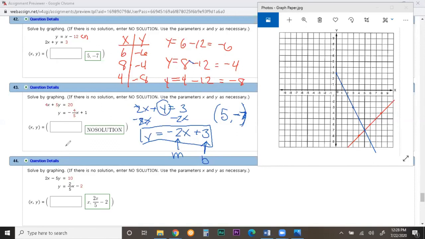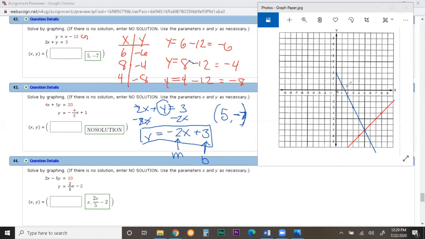Looking at number 43, the first equation, it will be easier to graph it using the x and y intercept because 20 is divisible by 4 and 20 is divisible by 5. If we look at equation number 2 on number 42, 3 is not divisible by 2, so that would have given us a fraction for our x-intercept.